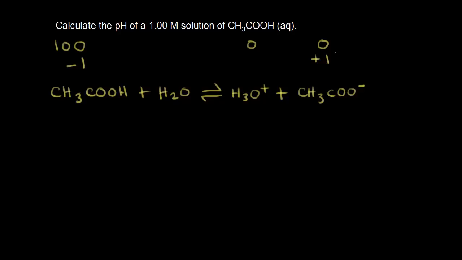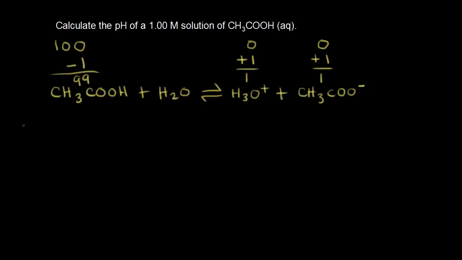And therefore, if we protonate 1 molecule of water with that proton, we're going to gain 1 hydronium ion. So we would have 99 molecules of acetic acid, and then we have 1 hydronium ion, and we would have 1 acetate anion. So that's the kind of thinking that we're going to apply to concentration.